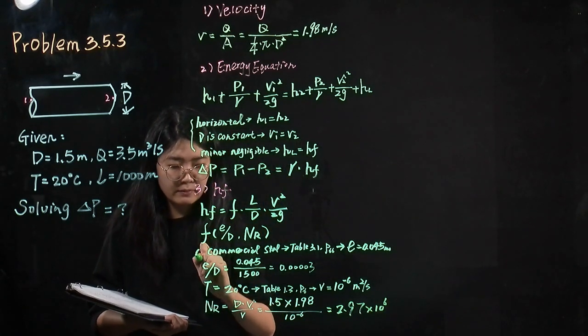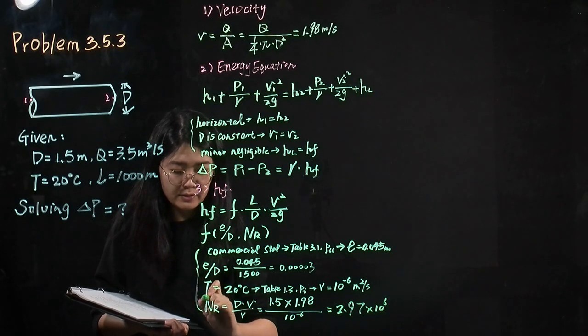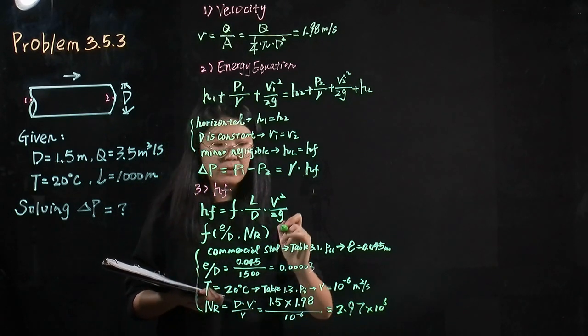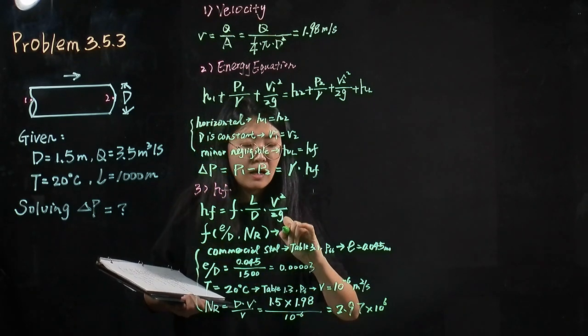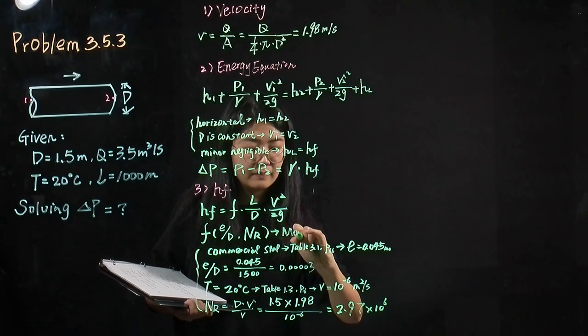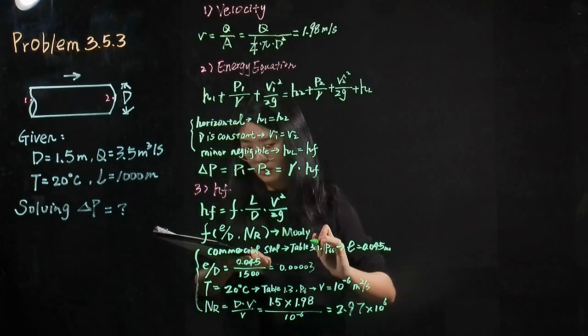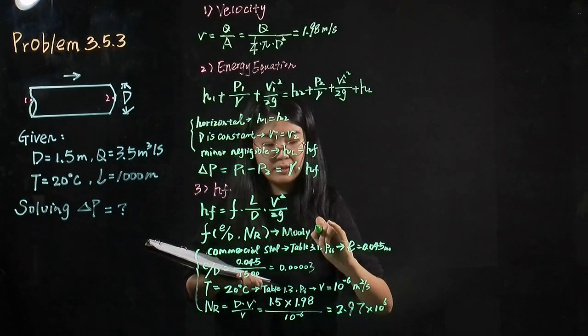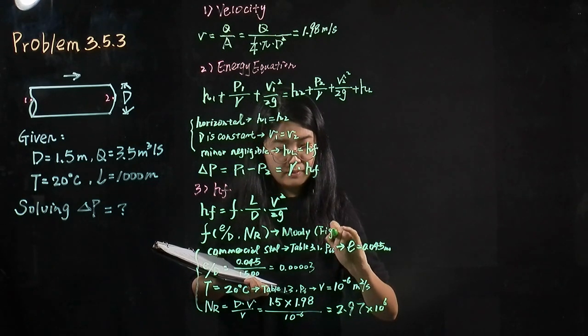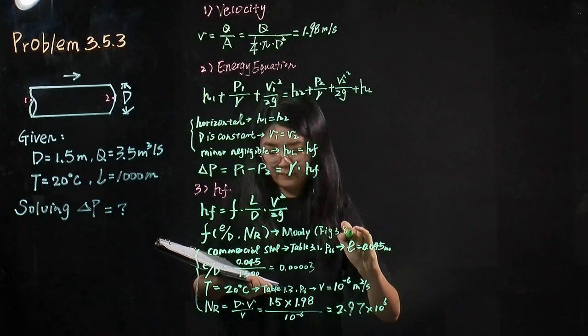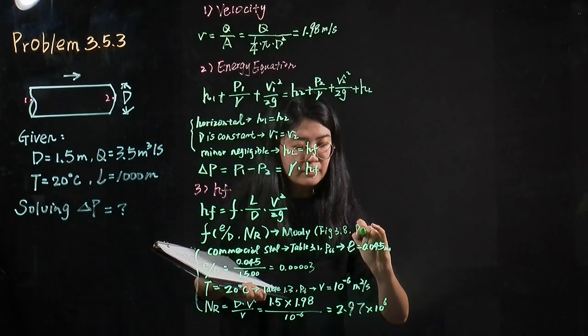So based on the relative roughness and also the Reynolds number, we can search the friction factor on the Moody diagram, which is figure 3.8 on page 68.